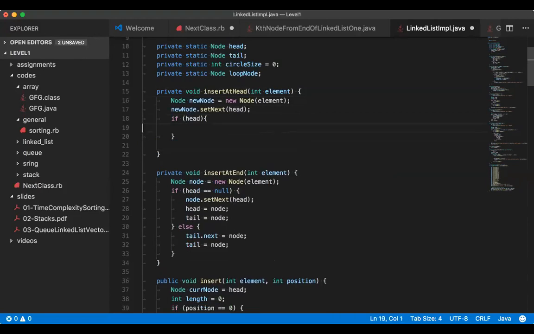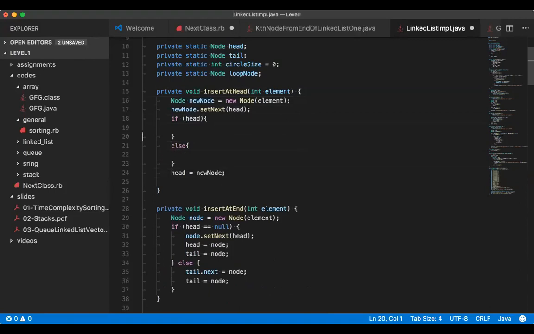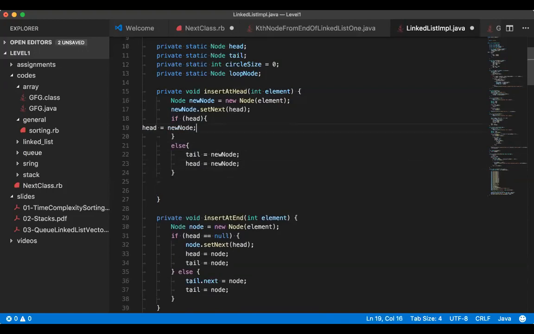If head is not there, in that case tail is equal to new node, and head is also equal to new node. But if head is there, then don't change the tail. This is correct, just to make it simpler.